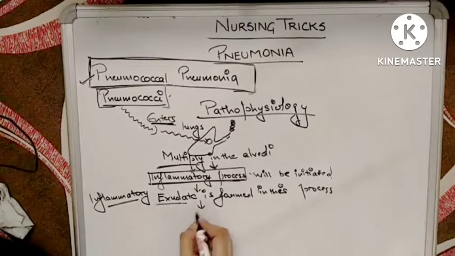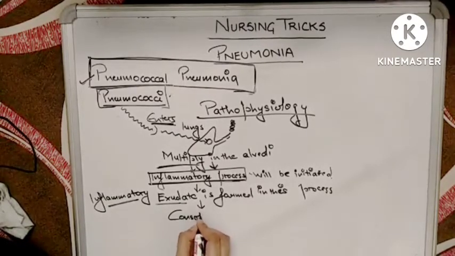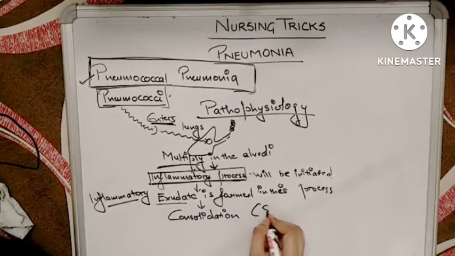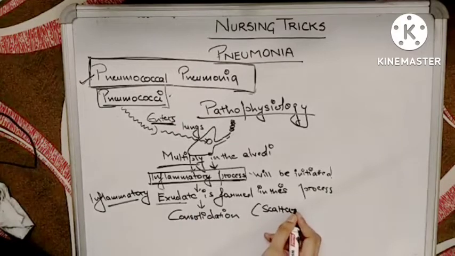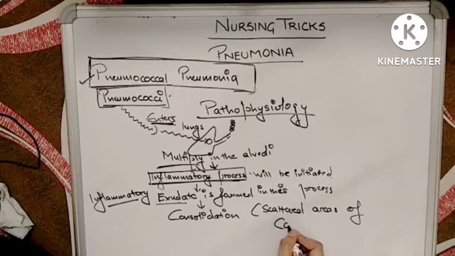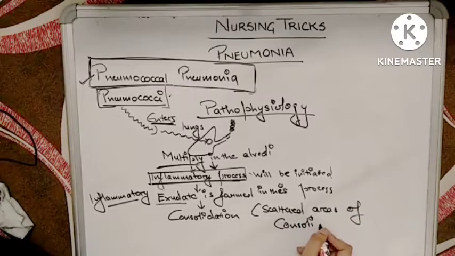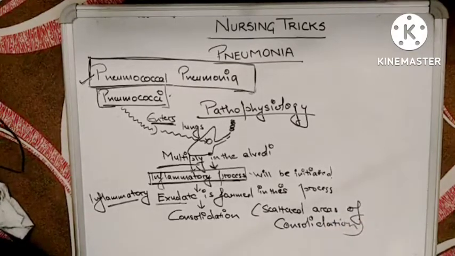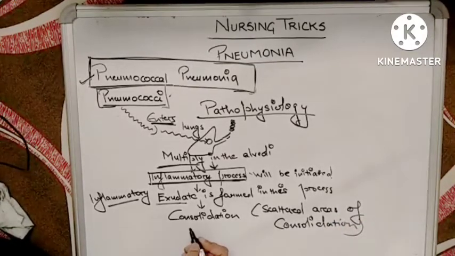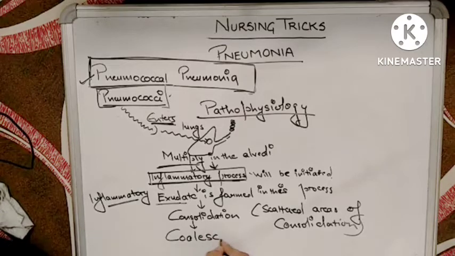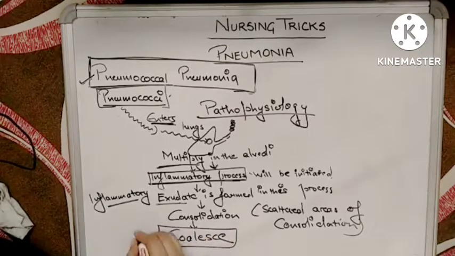Once this exudate is formed, it will lead to consolidation, and you can see scattered areas of consolidation. Now this consolidation will be seen as a coalesce, C-O-A-L-E-S-C-E. You can see this in your questions.